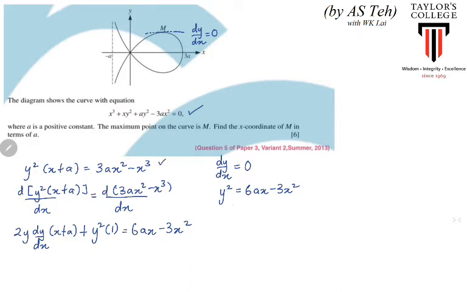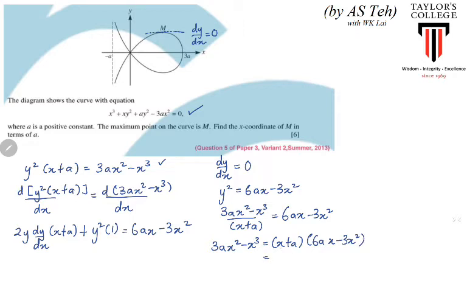So this becomes (3ax squared minus x cubed) over (x plus a) equals 6ax minus 3x squared. Let me bring the denominator and multiply it to the right hand side. So this becomes 3ax squared minus x cubed equals (x plus a) multiplied by (6ax minus 3x squared).